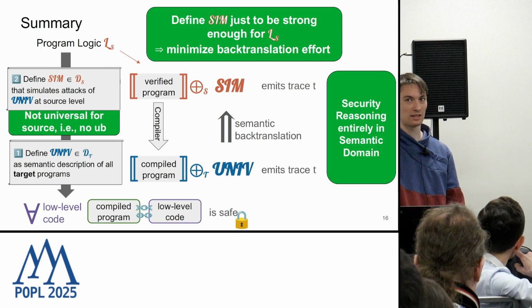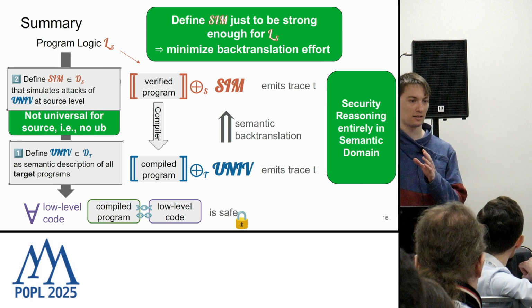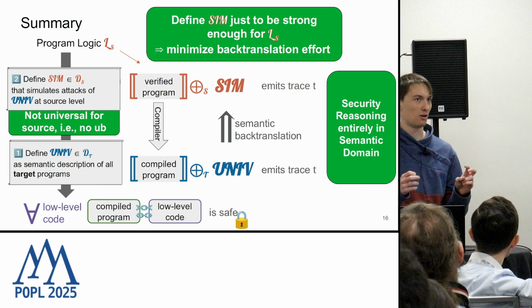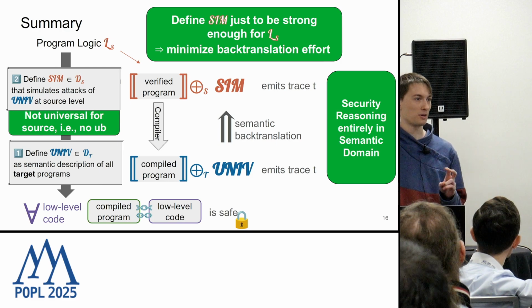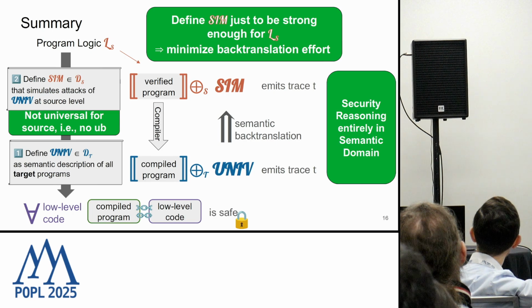Yes, by moving to the semantic approach, we also changed the notion of robust safety preservation to a more semantic version, and therefore it does not stand by itself anymore.